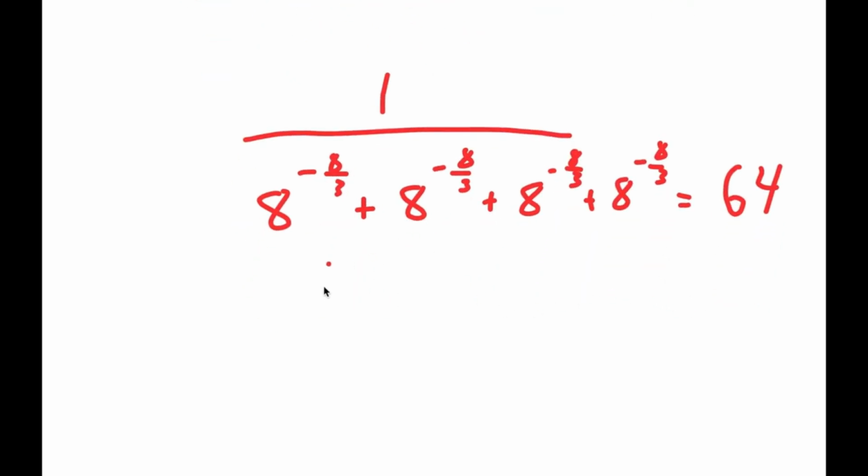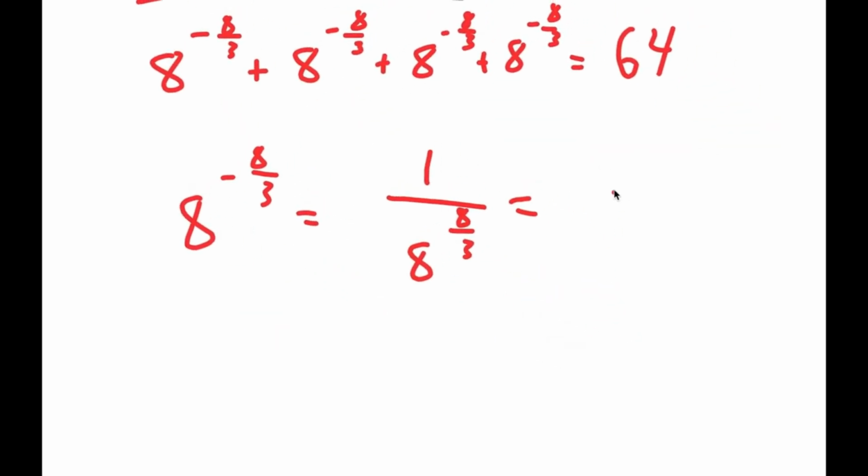So, what is 8 to the power of negative 8 over 3? Well, 8 to the power of negative 8 over 3 is the same thing as 1 over 8 to the power of 8 over 3. And 8 to the power of 8 over 3 is the same thing as the cube root of 8 to the power of 8.